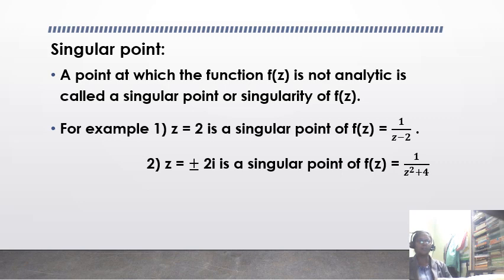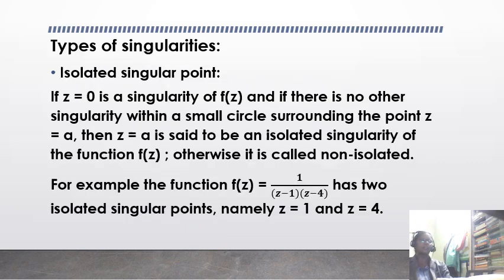Equating the denominator z minus 2 equal to 0, we get z equal to 2 as a singular point. Now f of z is equal to 1 by z square plus 4. So when we equate z square plus 4 is equal to 0, then we get z is equal to plus or minus 2i. We get the complex roots.